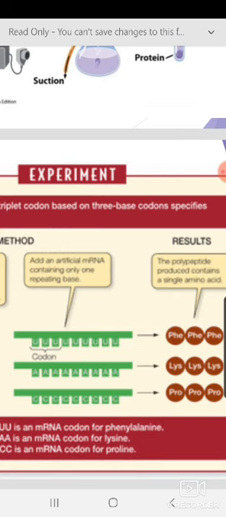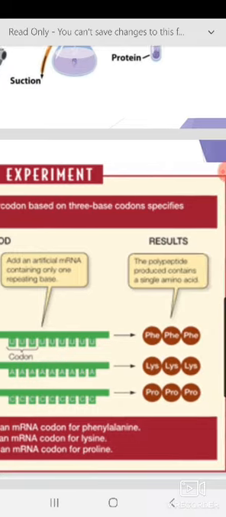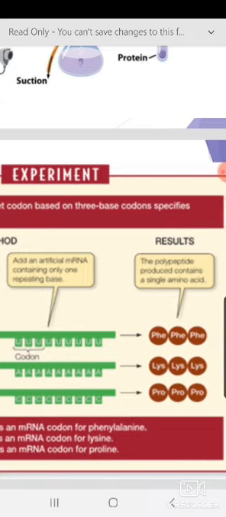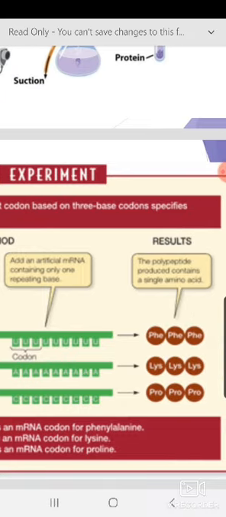Their observation was that AAA codes for lysine and CCC codes for proline, but at that time they were unable to synthesize a poly-G homopolymer, because it forms a tetramer due to interaction between the strands. So they were unable to decipher what GGG codes for.